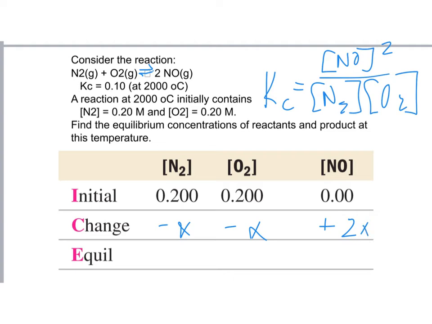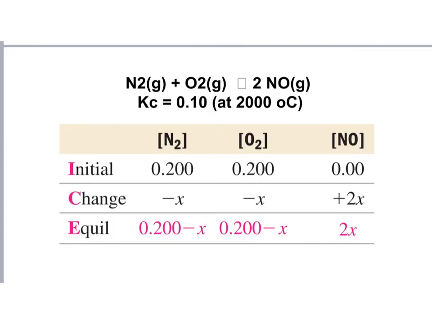So at equilibrium, I'm going to have something that looks like this, 0.200 minus x, 0.200 minus x, and plus 2x. Okay, so here it is, right? Here's what they came up with. Again, I don't know why this doesn't show up right, but you guys get that when that box is there, that's the double-headed arrow.